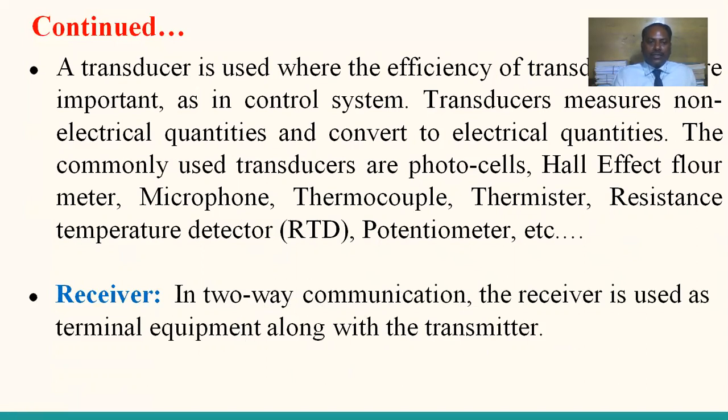In this regard, transmitters, transducers, and receivers play a very crucial role in the success of distribution automation. Just as the communication system is important for distribution automation, the sensors also play a very great role, because the physical action of a particular device is to be sensed through the sensors only. So that's why sensors are also most important for us.